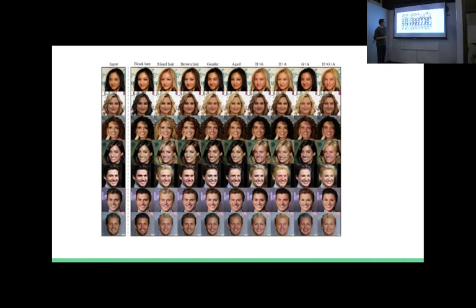I definitely recommend getting the slides and taking a closer look, but you can see what's going on here: we're giving blonde hair to everybody in this column, brown hair to everybody in this column, or making everybody look old in this column. The gender one is really funny. You can make people look like the opposite gender in their faces.